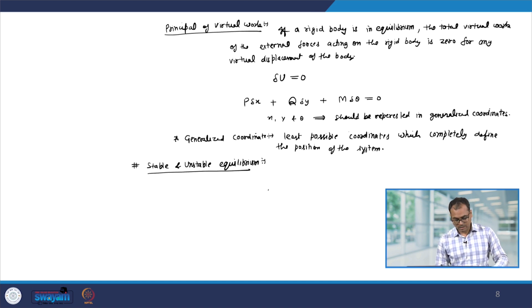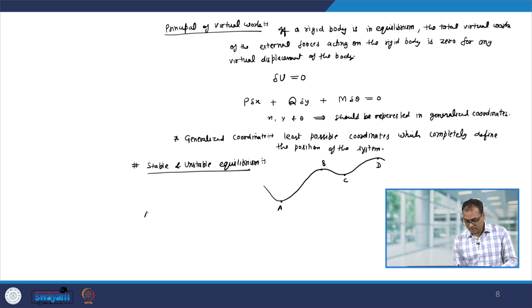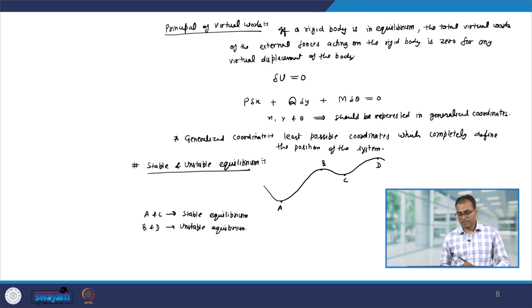Okay. So, let us say we have a particle on the following curve. Let me denote the minimum and maximum points on this curve. Okay. Then A and C represent the points of stable equilibrium, and B and D denote the points of unstable equilibrium.